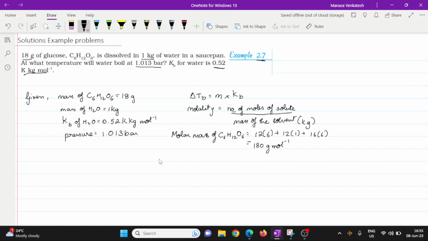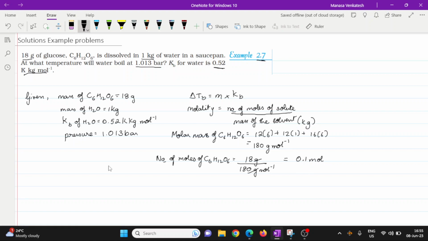Okay, so we can calculate the number of moles of glucose, C₆H₁₂O₆, which equals mass, 18 grams, divided by molar mass, 180 grams per mole. Now the grams cancel, mole goes to the top, and this gives us 0.1 moles.